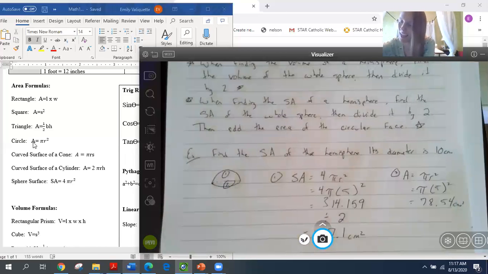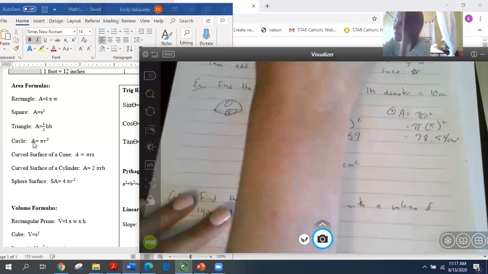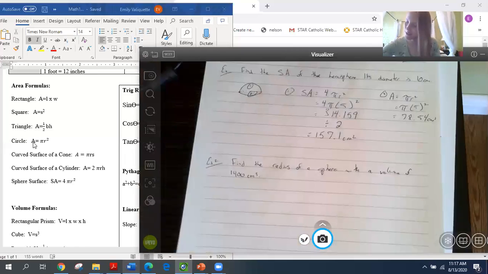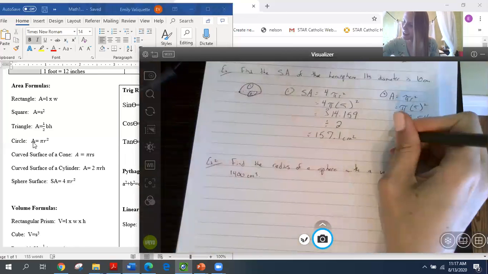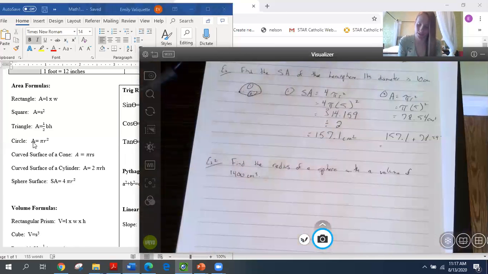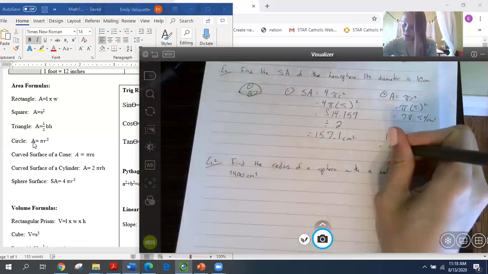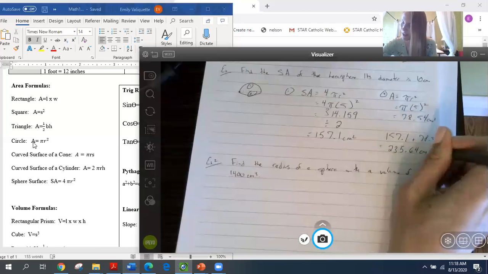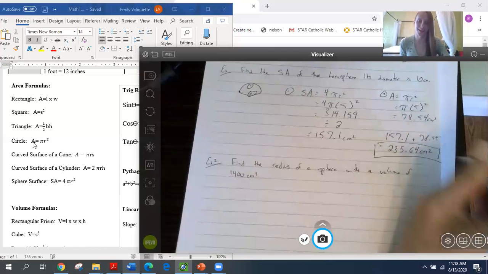And so the last step is just going to be to add those 2 together. So 157.1 plus 78.54 gives us approximately 235.64 centimeters squared as our final answer.